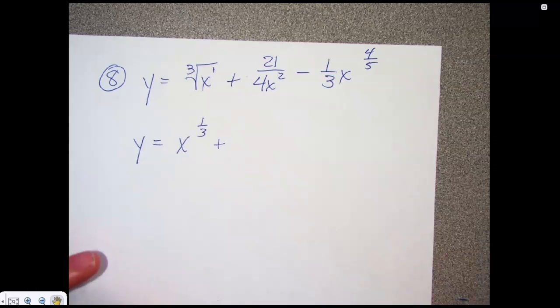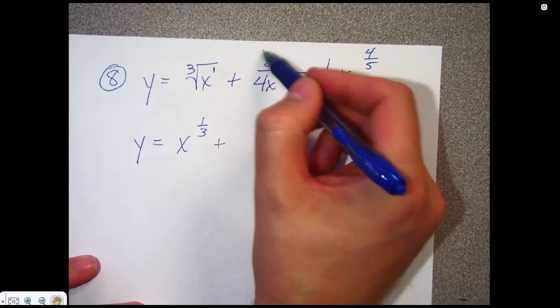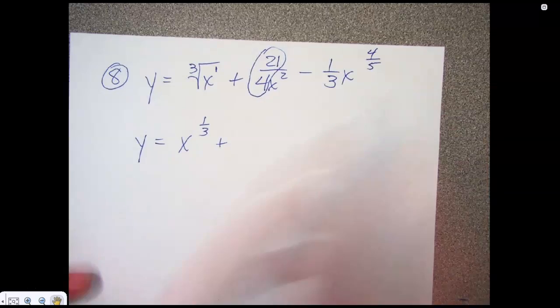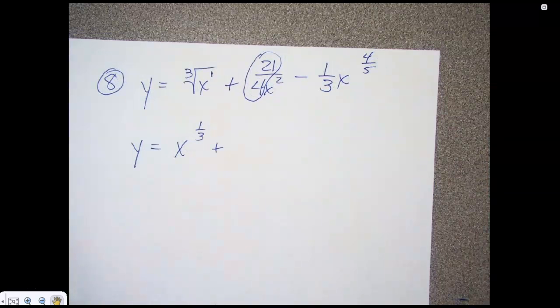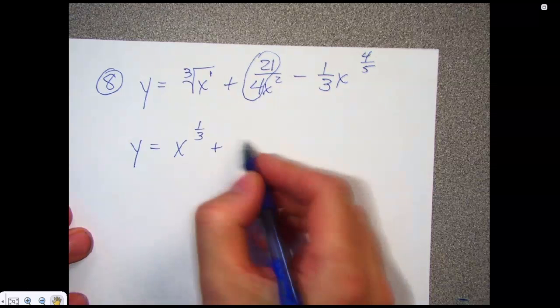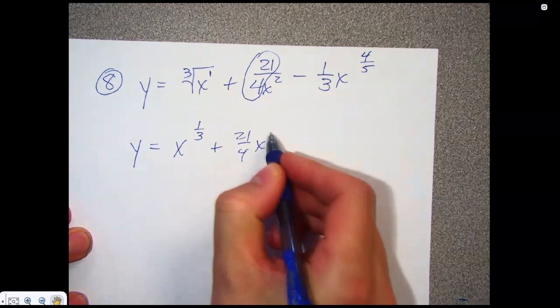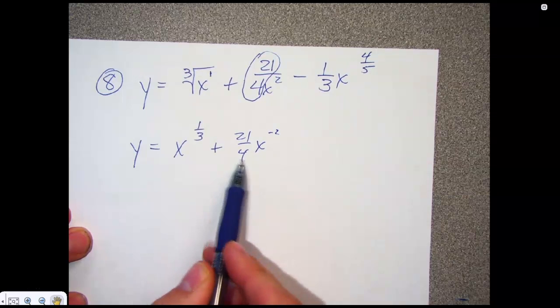Now, people mess this up. This 21/4 is a fraction that's locked into place. The 4 is not going to come up. We need to bring the variable up because I don't want variables in the bottom. So when I bring the x squared up to the top, it's going to become x to the -2. But that 4 is still down there.